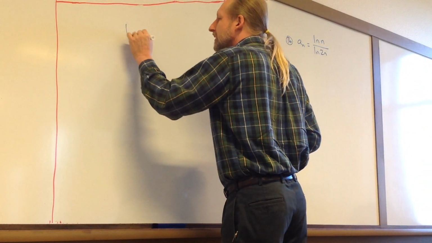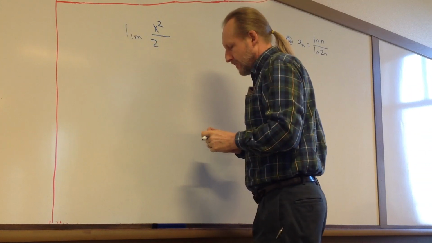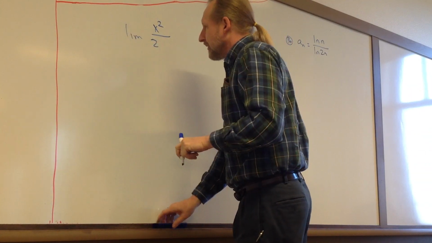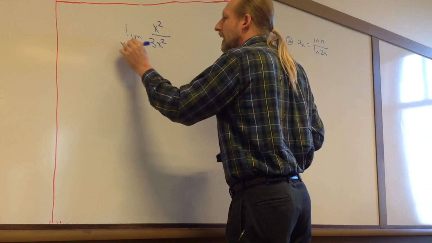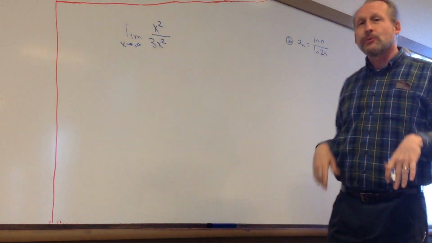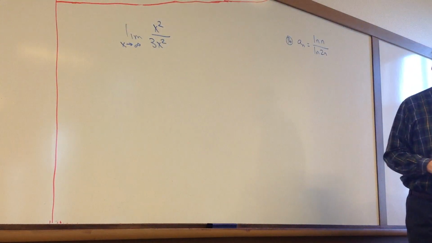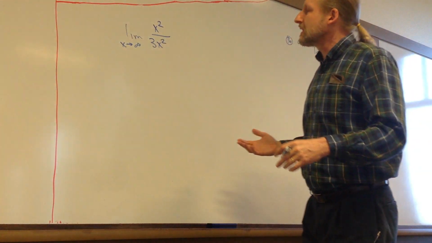Let's see. If we take the limit of 3x squared over x squared as x goes to infinity, technically 3x squared is larger than x squared, but as x gets infinitely large, that becomes less and less important.